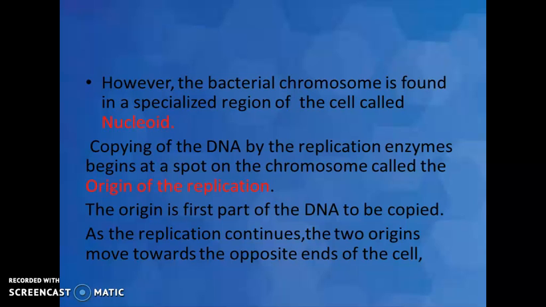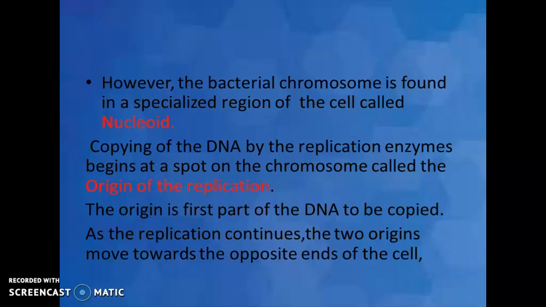The first need is to copy the DNA. This copying takes place with the help of replication enzymes, and it begins at a spot on the chromosome called the origin of replication. The origin is the first part of the DNA to be copied.